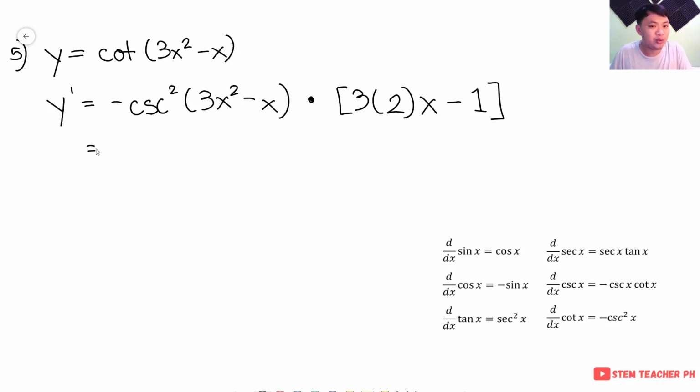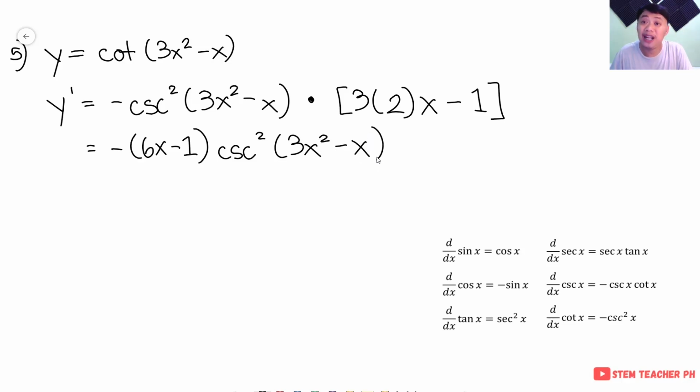So this is equal to, ilalagay ko na ito sa unahan, and then we have our negative here. So negative 3 times 2 is 6 times x. So this is negative 6x still minus 1, and then multiplied 2. Eto, hindi naman siya nagbago. So we have cosecant squared of 3x squared minus x.